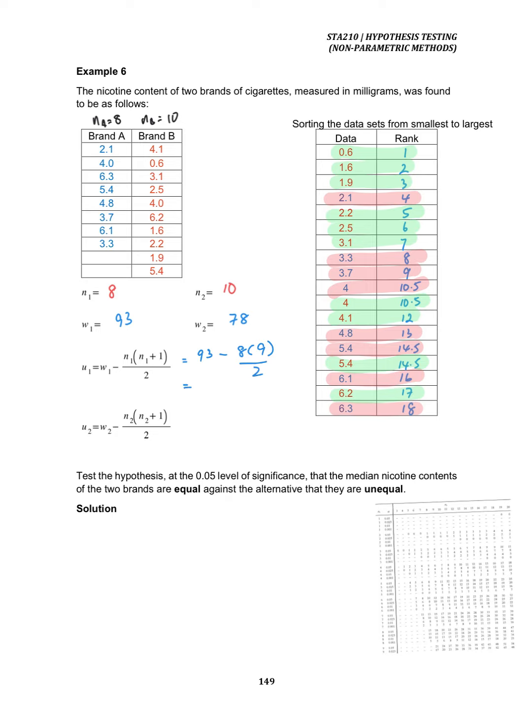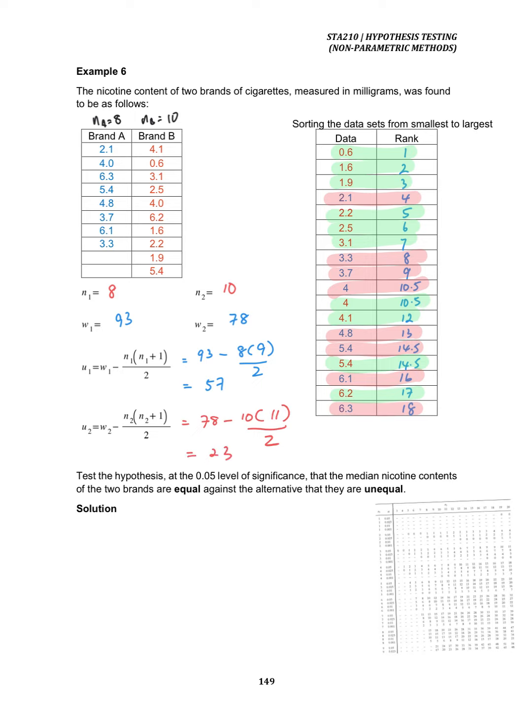So finally we will get U1 is equivalent to 57. And then U2 pula. U2 formula dia W2 minus N2 times N2 plus 1 divided by 2. So W2 is 78 minus 10 times 10 plus 1 is 11 divided by 2. So this one is equivalent to 23.